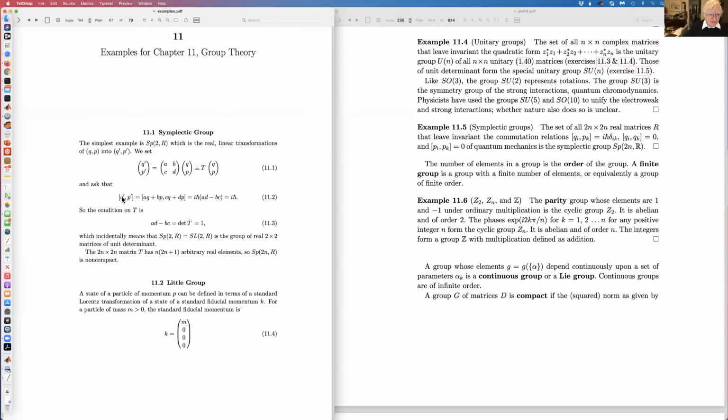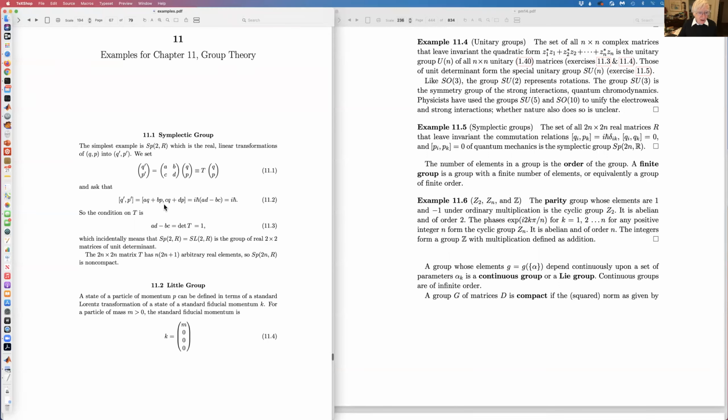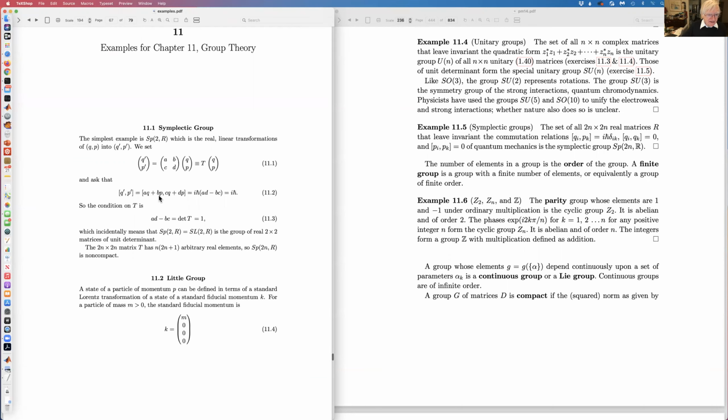And so if we want to preserve the commutation relations, well, the only one that we have is we want the commutator of Q prime with P prime to be i h bar. So that's the commutator of AQ plus BP with CQ plus DP. Now that automatically by the commutation relations is i h bar AD minus i h bar BC. And we want that to be i h bar, so that just means that AD minus BC, which is the determinant of the matrix T, has to be 1.